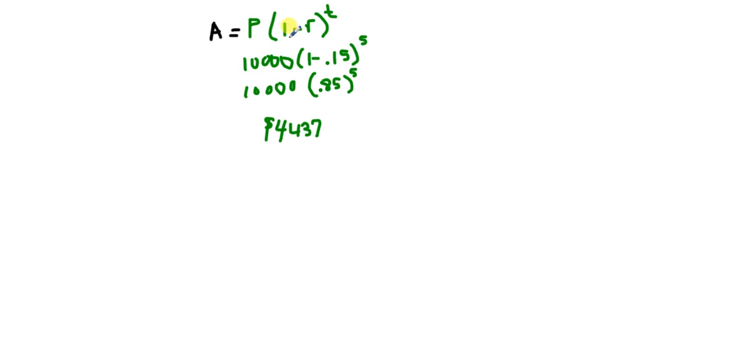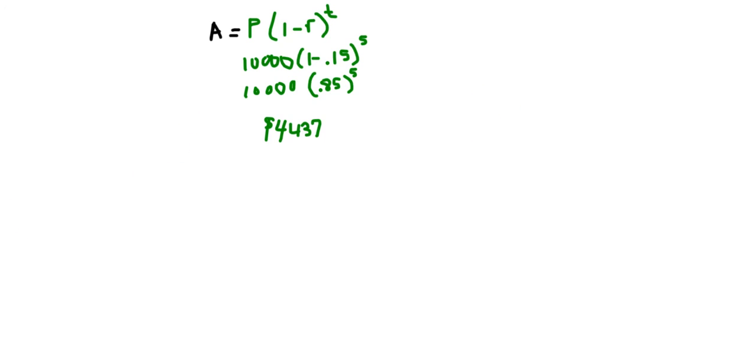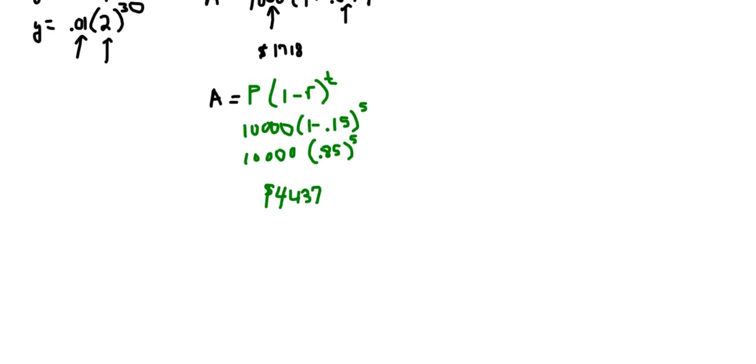Compound continuously, and I'm not going to get into how we come up with this number e in this video, but the number e on the calculator is right above the division sign. And if I just put in e, it's a number that's a little less than 3, 2.718. And it comes from a compound interest formula.